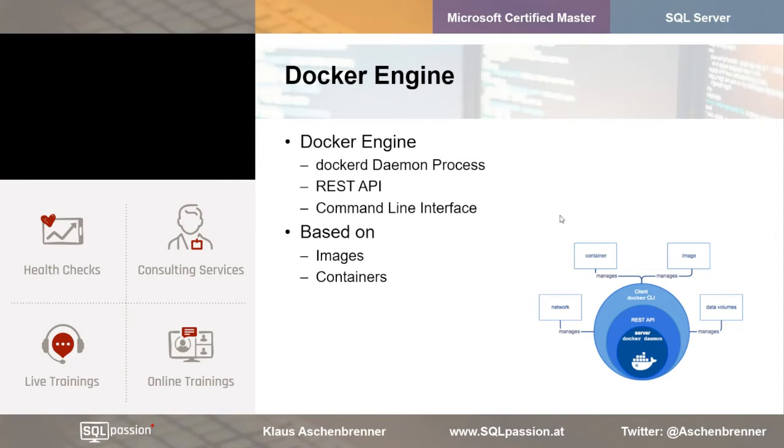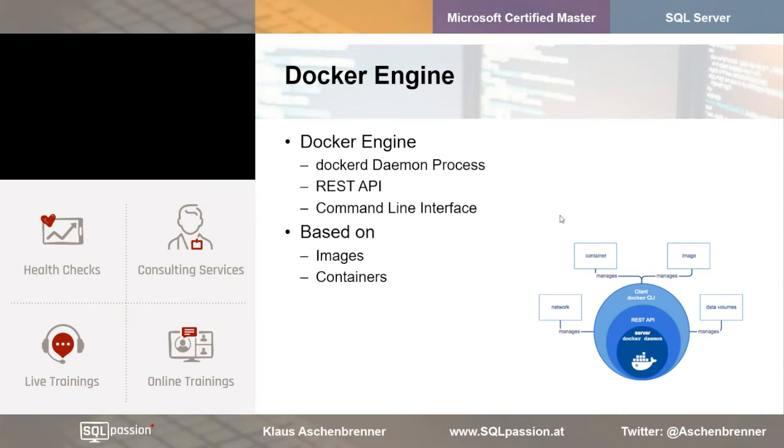As I've already said, in the background, you have your Docker engine, which is just a background process, a daemon process, and that background process can be reached through the command line interface, as we will do it today. And you have also some other APIs available, like a REST API, so you can also do all those things programmatically. And the most important thing here are just those images and the containers.